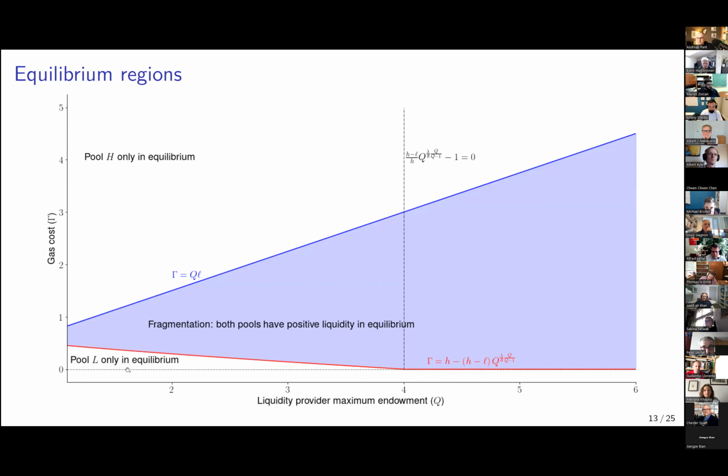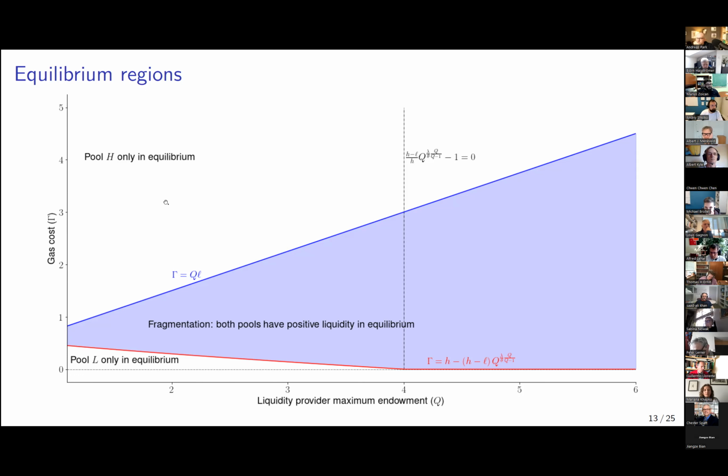If the gas costs are very low, then rebalancing is not binding for anybody. It's not very costly for anybody. So then competition between liquidity providers will push everybody to the low fee pool. Everybody wants to provide liquidity to both small and large liquidity traders.